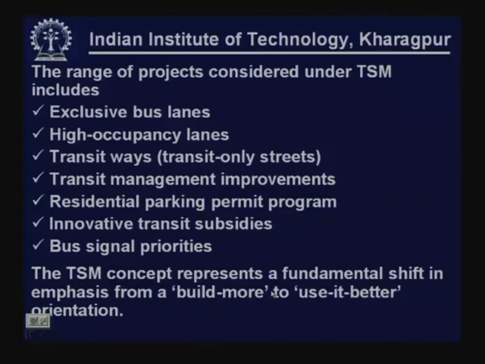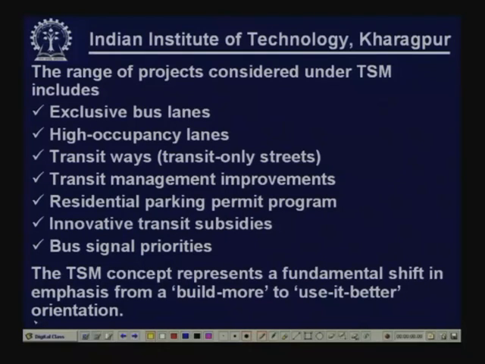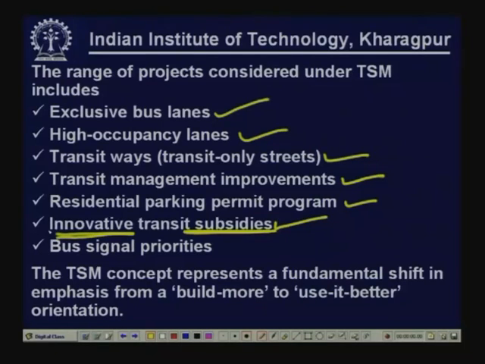I have already given a background on the range of projects considered under TSM. Let us look at some of them: exclusive bus lane, high occupancy lane, transit ways, transit management improvement programs, residential parking permit program, and innovative bus subsidies. Bus subsidies also, but they have to be innovative, in line with the transportation system management strategies.